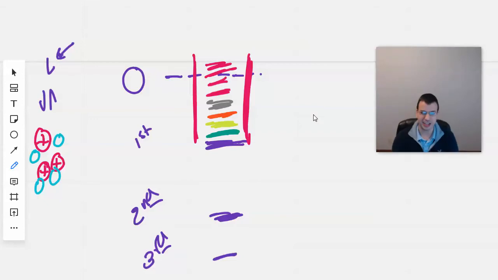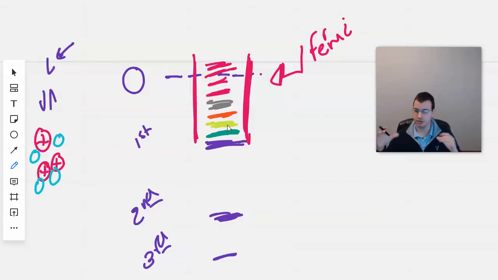So this is, I believe, called the Fermi level. The idea is you have an amount of energy for any given atom or any given electron, it's just as easy for it to go as for it to stay with the atom. And so it's really easy to take electrons, push them off, or put them on.